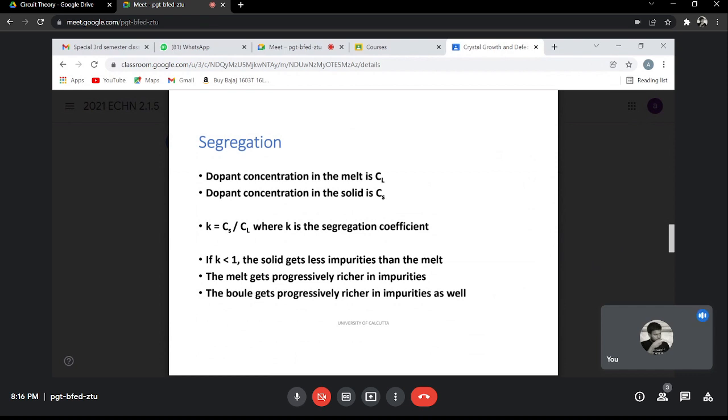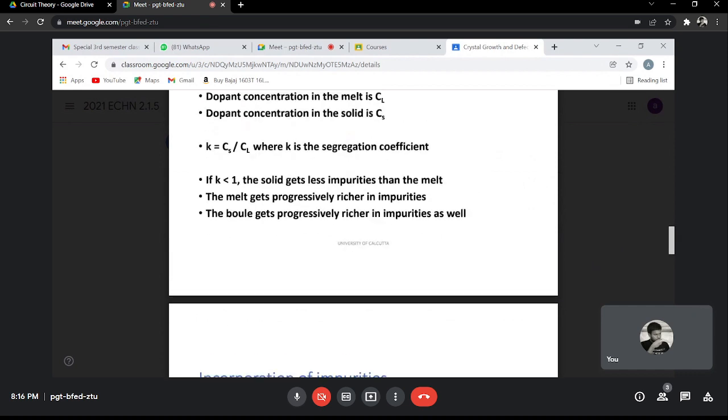So knowing that in mind, think about what happens when you're pulling it out. When you're pulling it, you're solidifying liquid to solid, right? So if you're solidifying, then what will happen if K is less than 1? The silicon that is solid now is purer than the liquid.